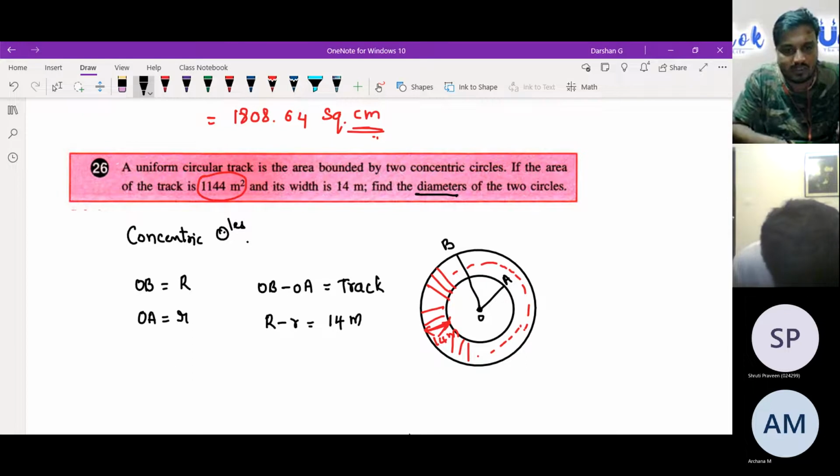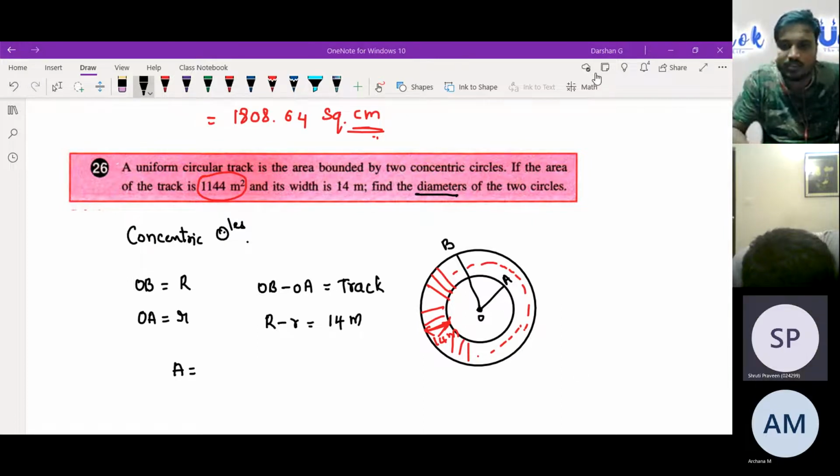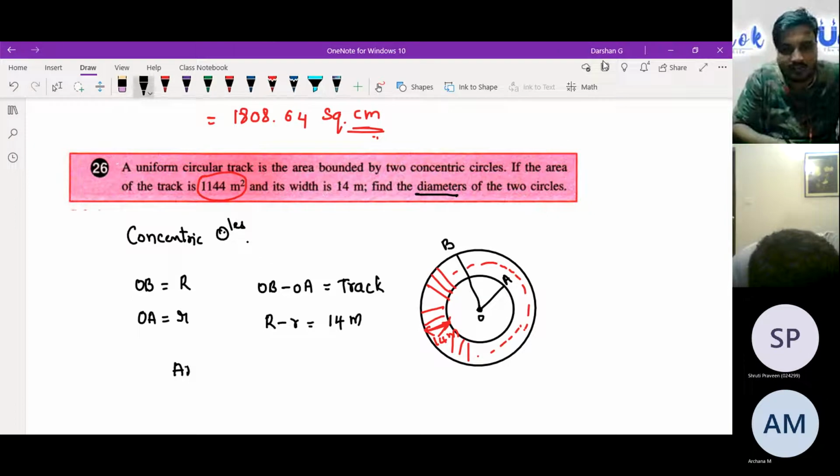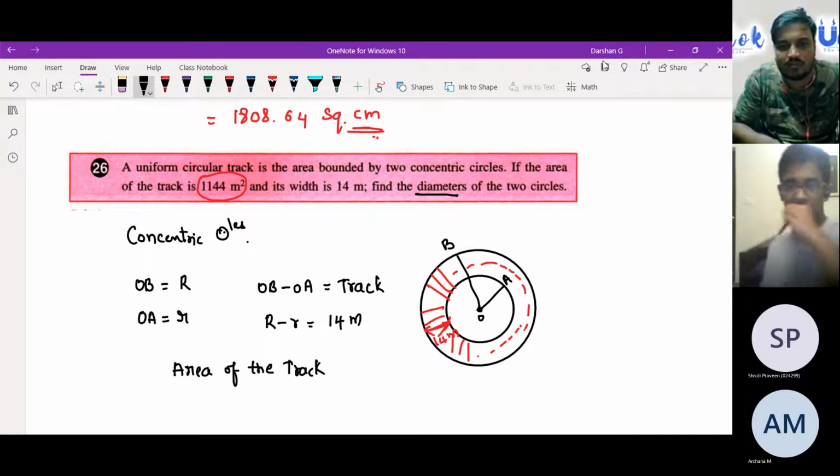So what is the area here? What is the area, Shruti? I'm very sorry. So the area is 1144 meters square. Correct. Can you tell the area of the track? What do you think is the formula?